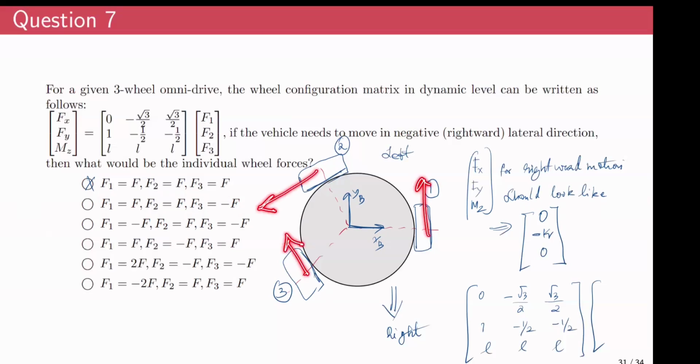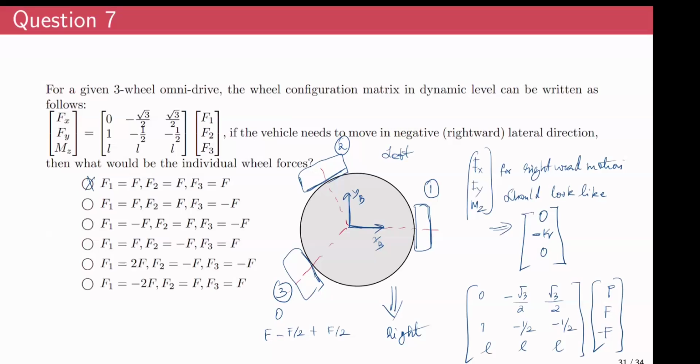This is F, this is F, and this is minus F. If you do that, what will happen? F, F, minus F. If I expand this out, what will you get? You will get 0, minus root 3 by 2 F for the first term, which is actually 0. The second term is F, minus F by 2, plus F by 2, minus F by 2 plus F by 2.